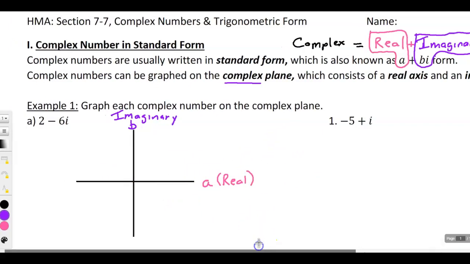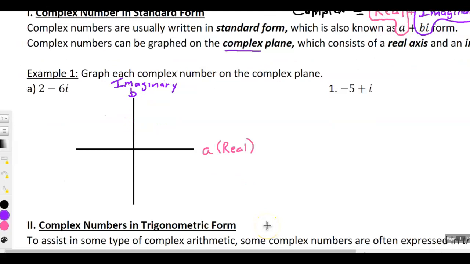But it is convenient that it's a familiar setting, so we can adapt what we already know and graph these pretty quickly. So, for instance, if we want to graph 2 minus 6i, we just have to identify that 2 is the real part, right? That's the real number, which goes on the a-axis. So I just have to find 1, 2. And then negative 6 is the imaginary part. So I just have to find negative 6 on this axis, which is down: 1, 2, 3, 4, 5, 6.